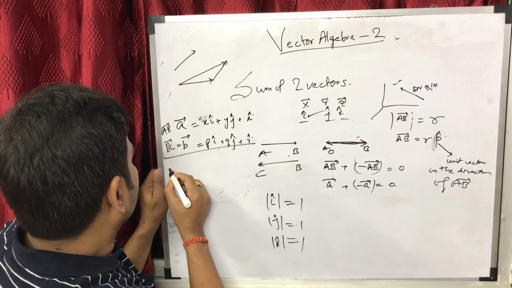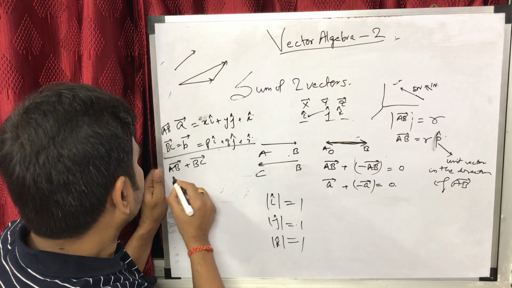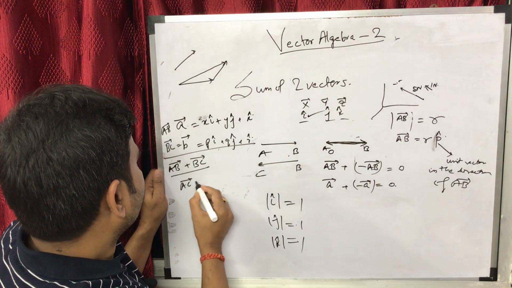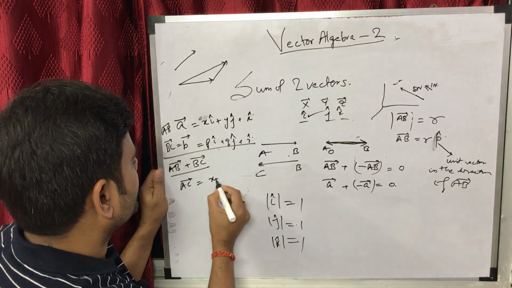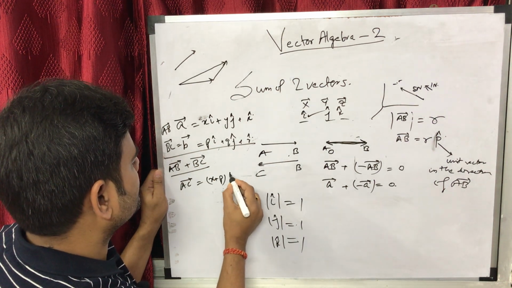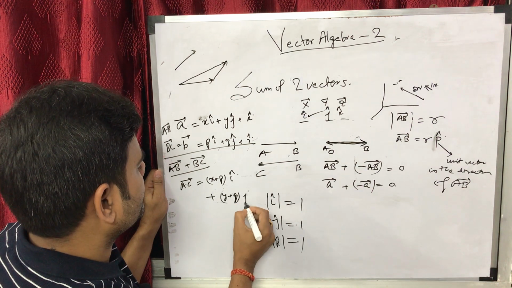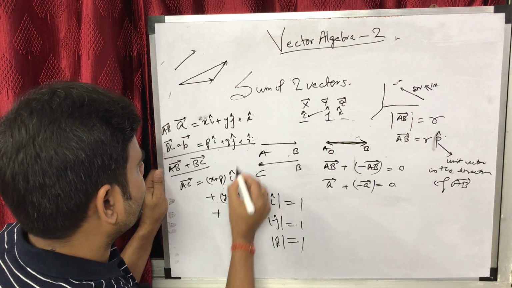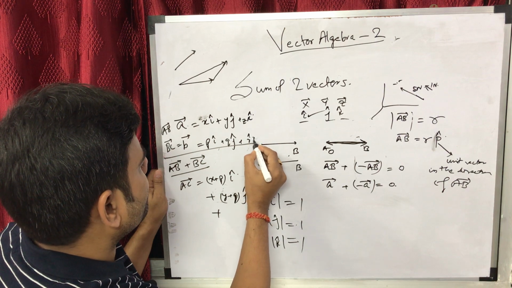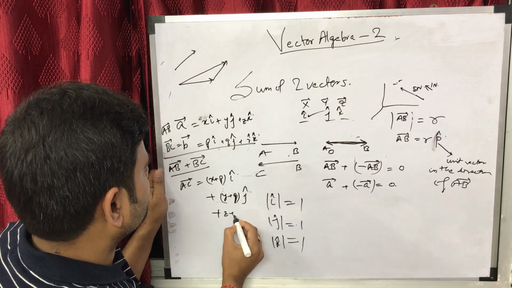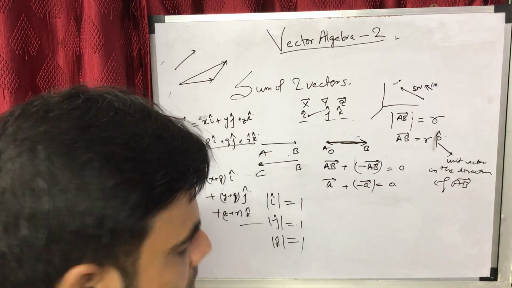You can add the resultant vector AB plus BC, which means AC, as we read, you can simply add the magnitudes in the directions x, y, z: x plus P, y plus Q, z plus R. You can add these vectors.